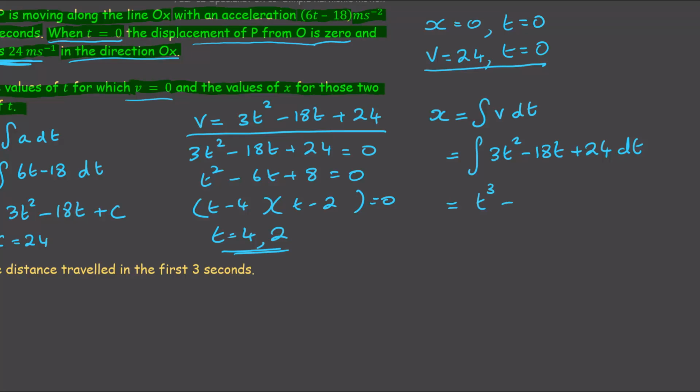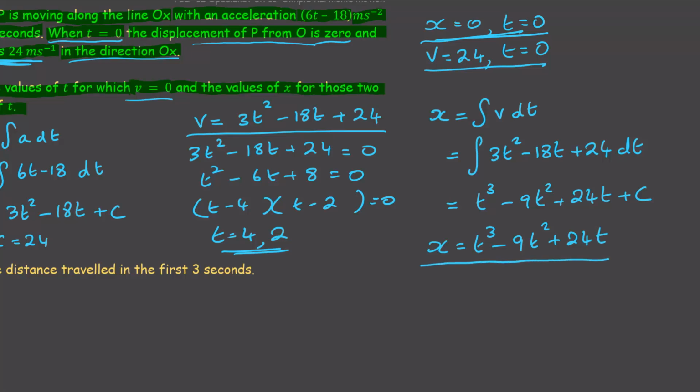Take away 18t squared over 2, so take away 9t squared, plus 24t plus a constant. We know x equals 0 when t equals 0. Substituting in would give us c equals 0, and therefore x is going to be t cubed minus 9t squared plus 24t. And that is an expression for our displacement.